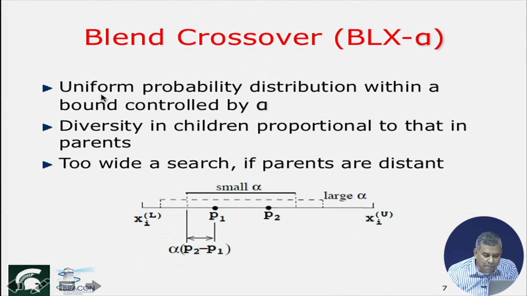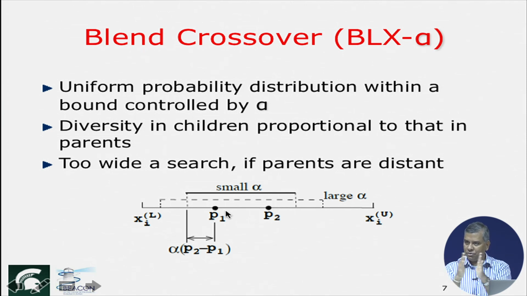So these are two numbers from the parents, P1 and P2. It need not be that the first one has a lower value. It could be that this is the second parent and this is the first parent. I'm just naming the first one to be P1 here, the second one is P2 here in a generic manner. Here is the real line. Here is your lower bound and upper bound. Okay. And what you do in blend crossover is take a difference between P2 and P1 because these are real numbers now.